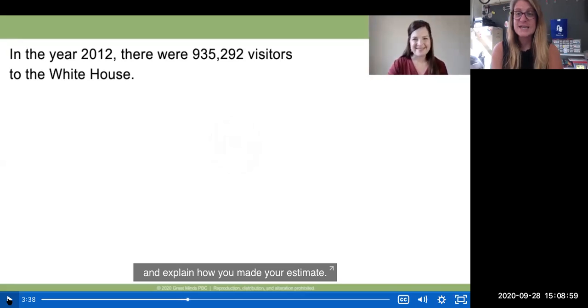So this is an amazing question to help us think about rounding in a real world type situation. We're taking the number of visitors that came to the White House, and we're trying to use that number to estimate about how many maps they're going to need for visitors in 2013.